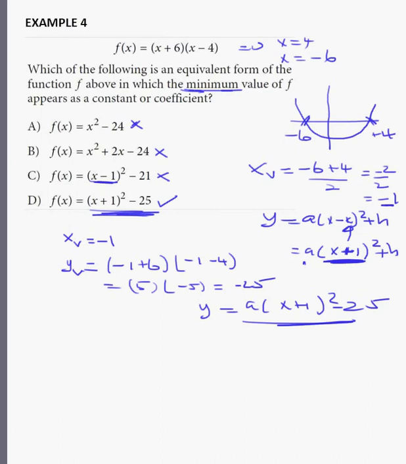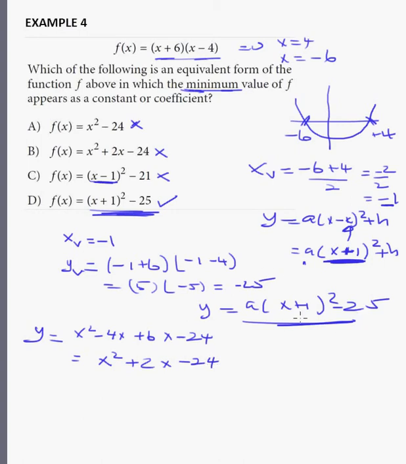Now, let's take this time and actually play with the vertex form. Let's go ahead and expand this, distributing it. This will become x squared minus 4x plus 6x minus 24, and that is equal to x squared plus 2x minus 24.